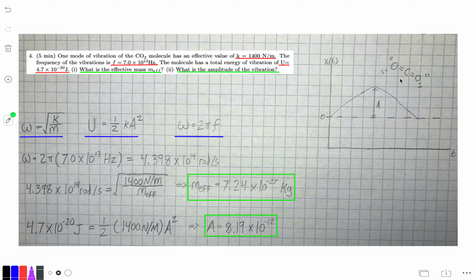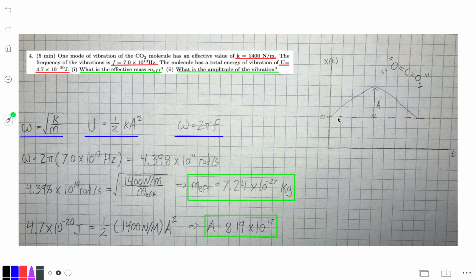So here's our little CO2, and it's vibrating. These are not actual bonds, it's going fast, so it has some little motion lines. This is our equilibrium point, this is our position, and this is our time.